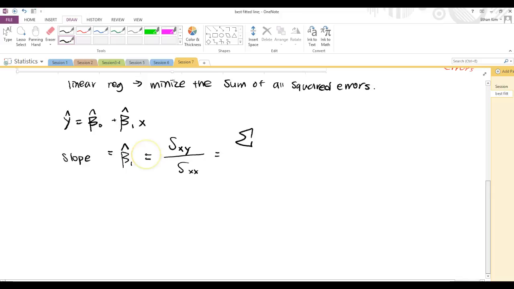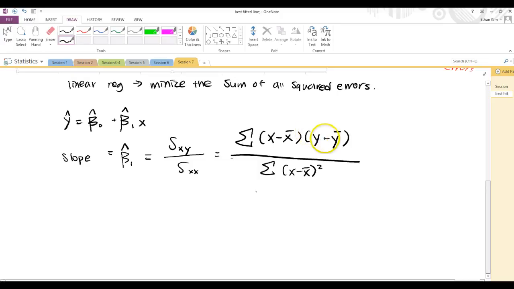We learned this before. We find this value by subtracting x bar from each observation xi and multiplying that by y. We did this before when we were looking for the correlation. And for xx, it's x minus x bar, squared.